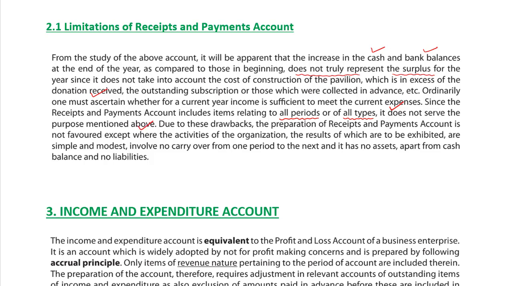Due to these drawbacks, the preparation of receipts and payment account is not favored except where the activities of the organization, the result of which are to be exhibited, are simple and modest, that involves no carryover from one period to the next, and it has no assets apart from cash balance, and no liabilities either.